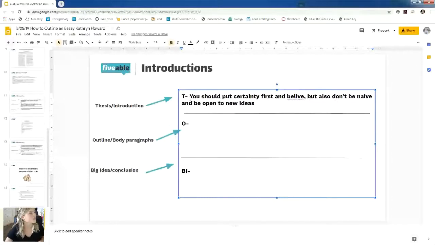Okay, awesome. So outlining. I'll think of some too. Some historical and literary examples that have to do with certainty and doubt.